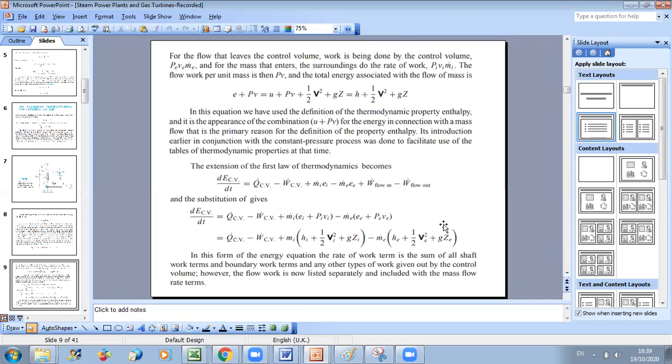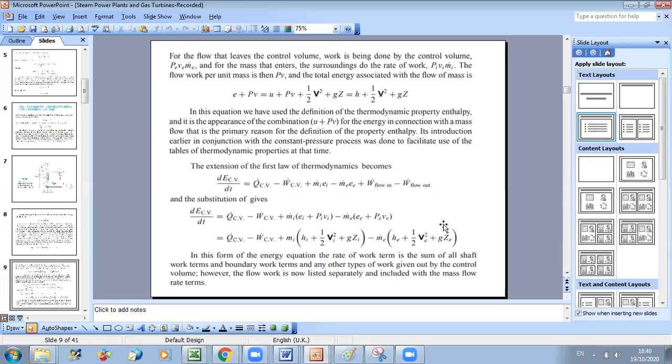And U plus PV is what? The internal energy plus PV represents the enthalpy. This is why I told you that we will use this term again. In an open system, the internal energy term will be added to the PV term, and we can replace this summation U plus PV by H. So we will now use H plus half V squared plus gz.